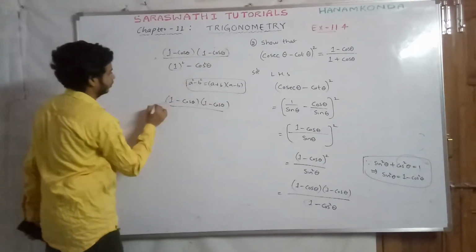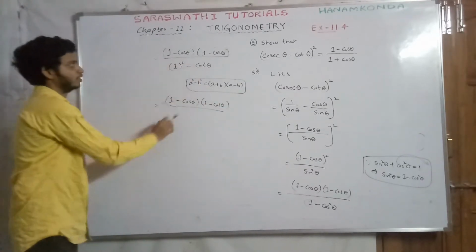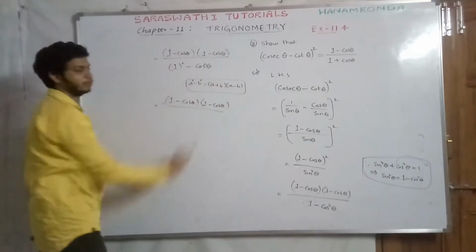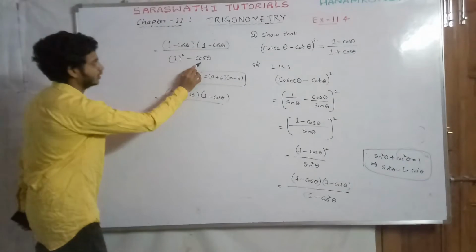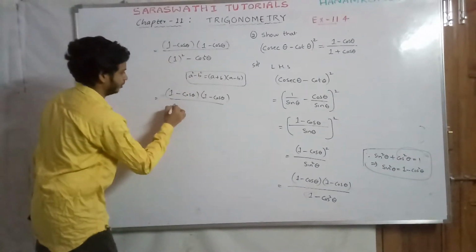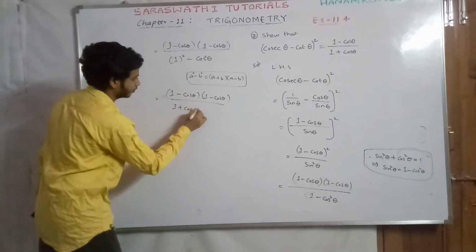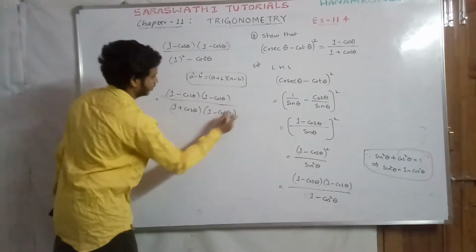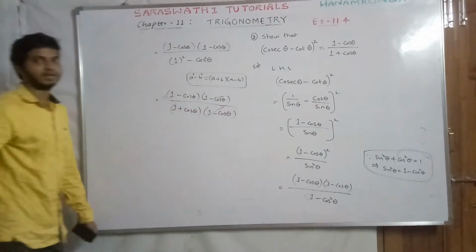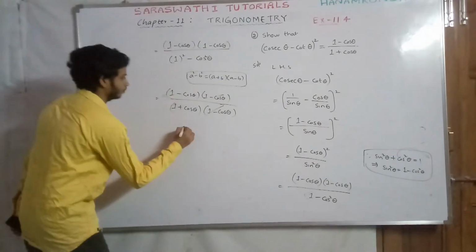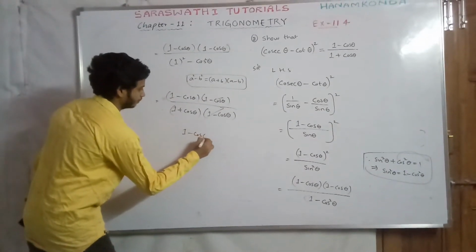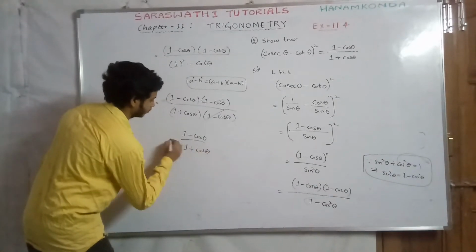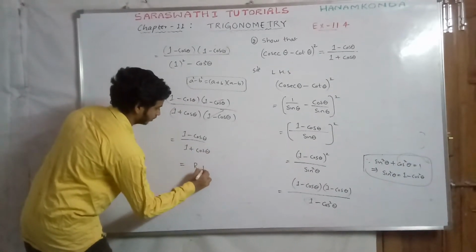The denominator is 1 square minus cos square, which can be written as (1 plus cos theta) into (1 minus cos theta). So (1 minus cos theta) and (1 minus cos theta) get cancelled. Now we have (1 minus cos theta) by (1 plus cos theta). So this is the required RHS.